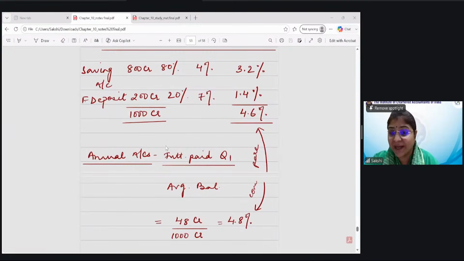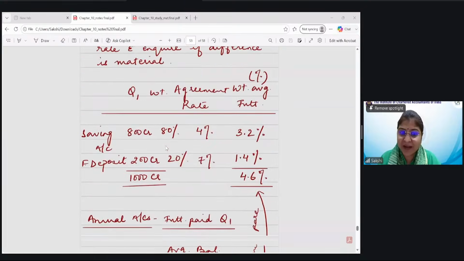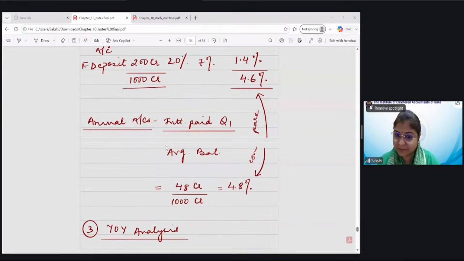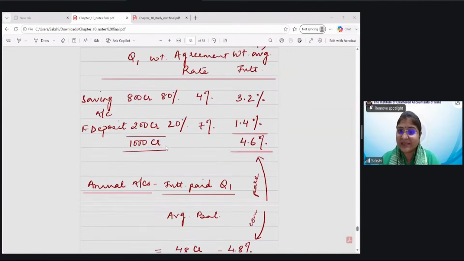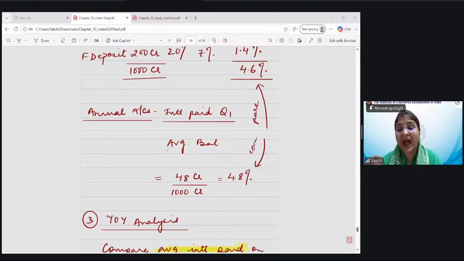We are trying to take out the weights and then compare the ratio. The total balance is 1000 CR. The weighted rate as per the bank is 4.6, but as per the annual accounts of the bank it is 4.8. Whatever difference is there, the auditor is going to analyze this difference.